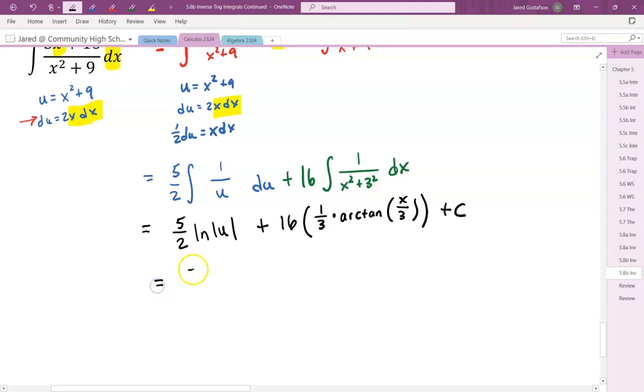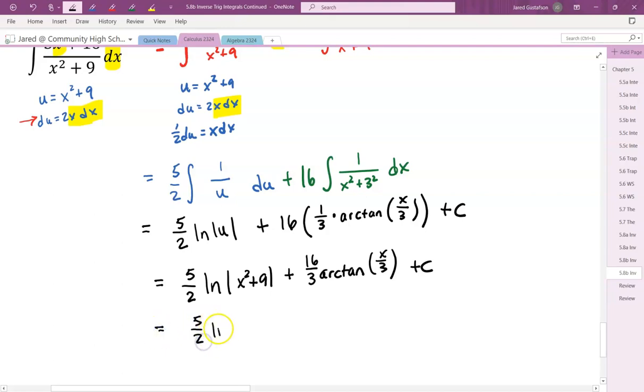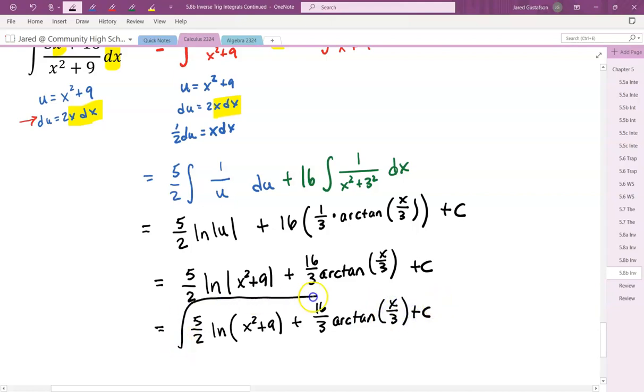Simplifying it, making it look just slightly better, we get 5/2 natural log of x squared plus 9 plus 16/3 arctangent of x over 3 plus c. And I will note, one very last final thing, that if you wrote your natural log without the absolute values this time, technically you're right, because x squared plus 9 is always positive. So I don't technically need the absolute values, but it's safer just to write the absolute values just in case.